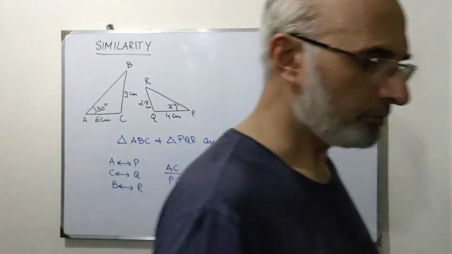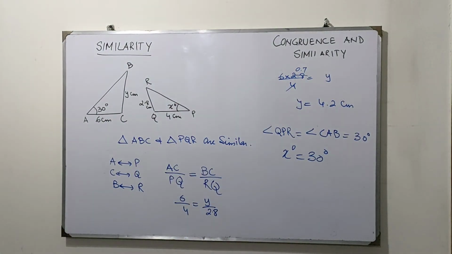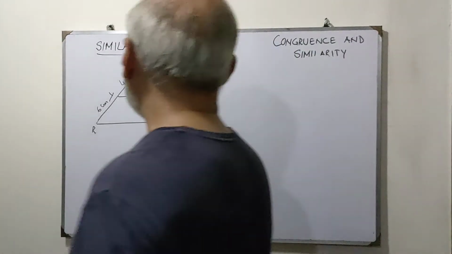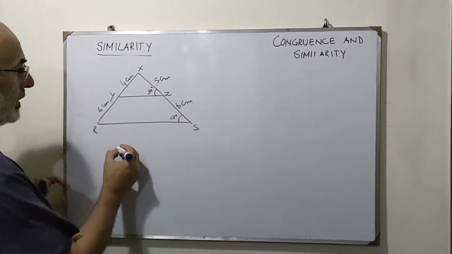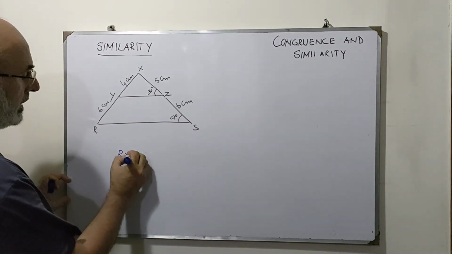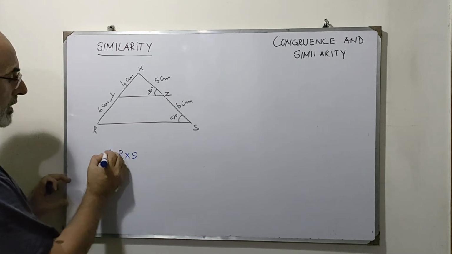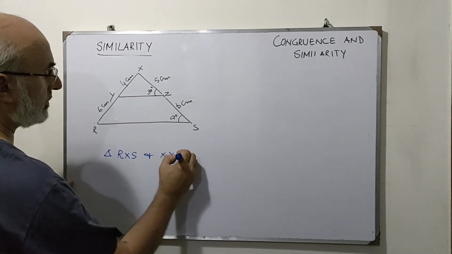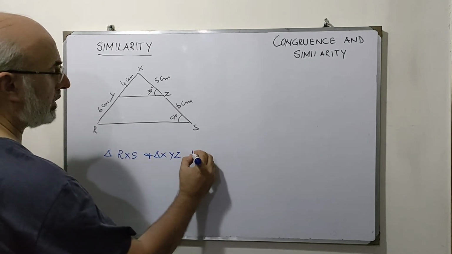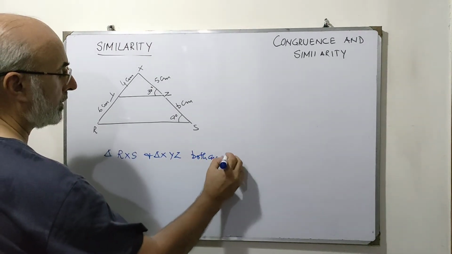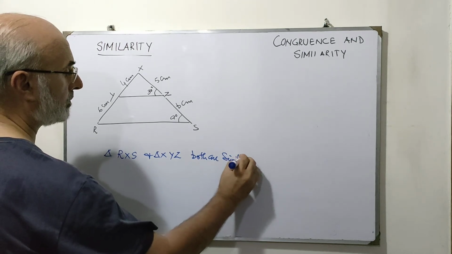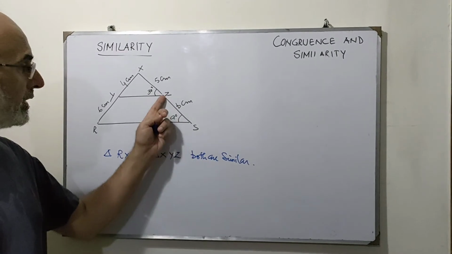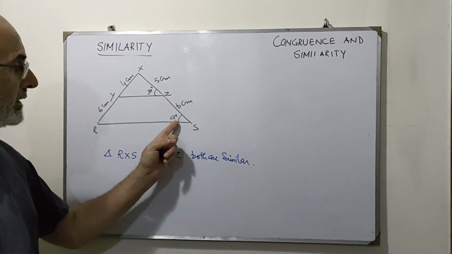Let's take another example for the unknowns. Now again I have two triangles. One triangle is RXS and another is XYZ, and both are similar. I have to find the unknown side, this portion of the side, and this angle.